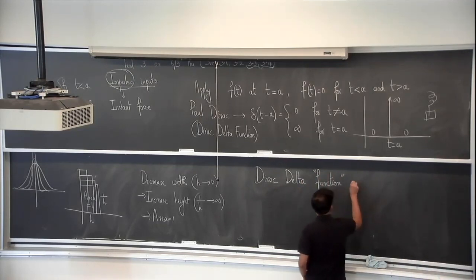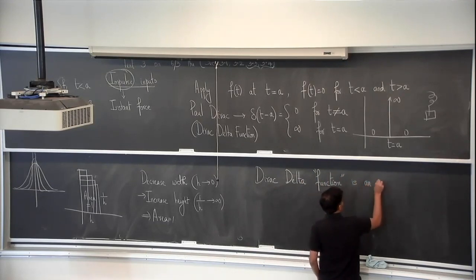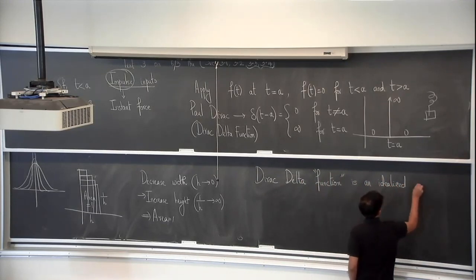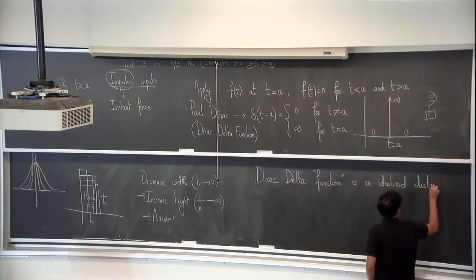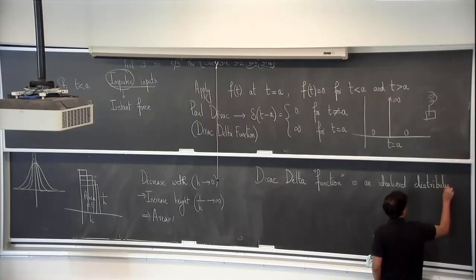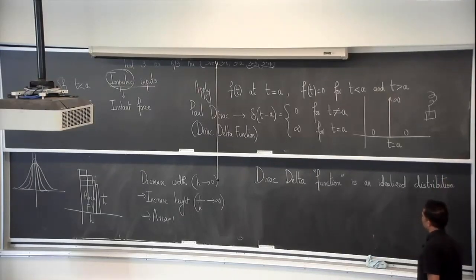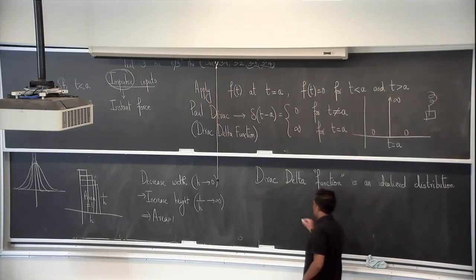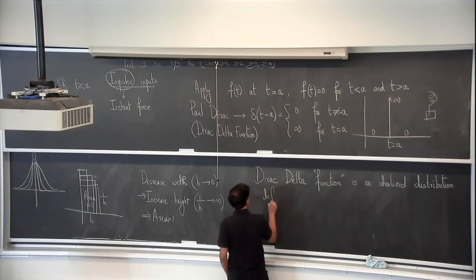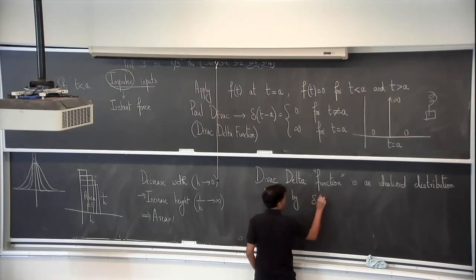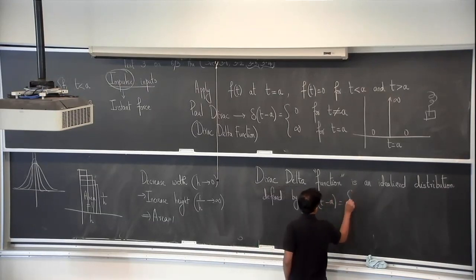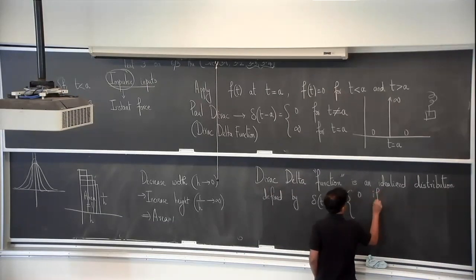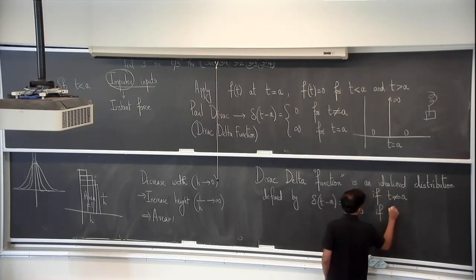The Dirac delta function is an idealized distribution, almost like a probability distribution, defined by delta of t minus a equal to 0 if t is not equal to a, and equal to infinity if t equals a.